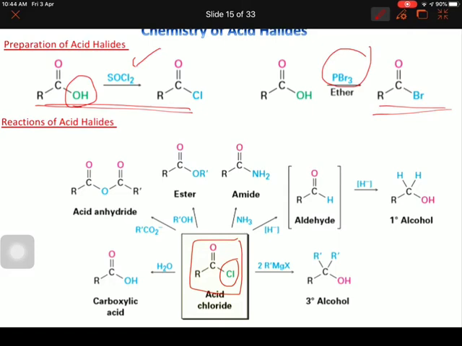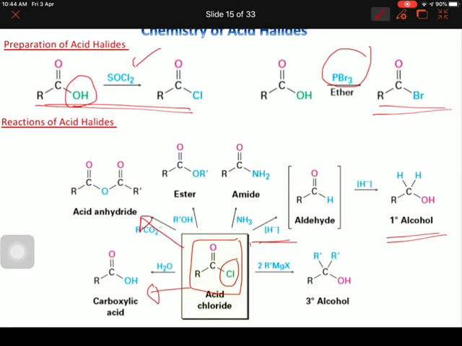As we mentioned before, it is easy to hydrolyze by water to get the carboxylic acid again, the parent compound, or react with the salt of carboxylic acid to get anhydride, or react with alcohol to get ester, react with amine to get amide, or reduction by hydrogenation to get aldehyde and then alcohol.